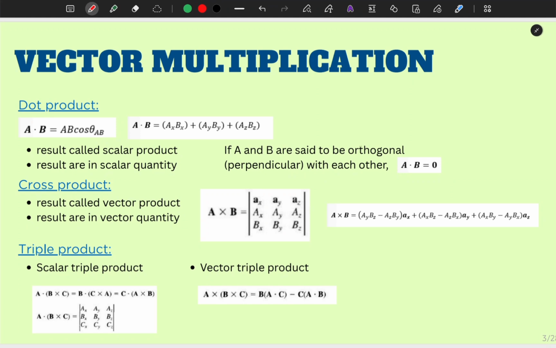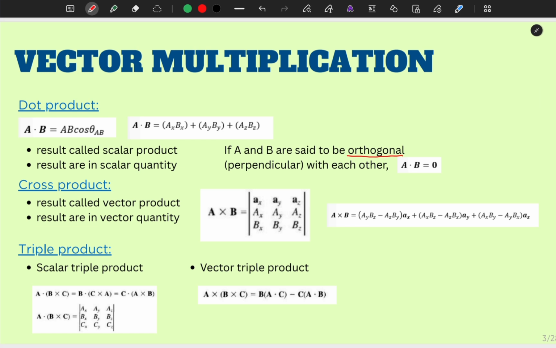Dot product will produce a scalar quantity and is used to determine how much two vectors align with each other, and the results are also called scalar product. If A and B are said to be orthogonal with each other, A dot B equals 0, meaning they are also perpendicular.